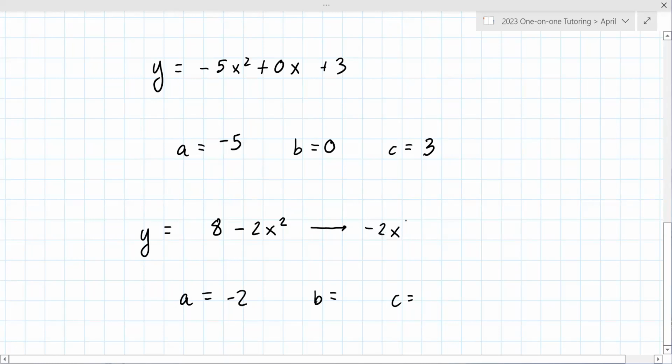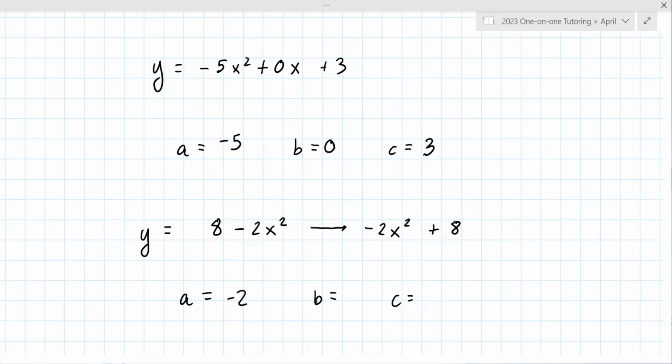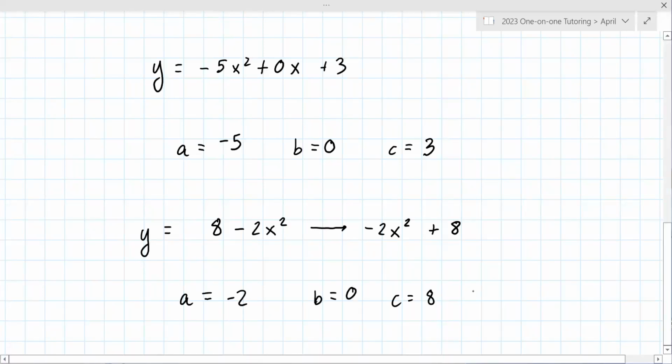You'd want to rewrite it as minus 2x squared plus 8. I would first get everything in order before I answer A, B, and C, because that's good. I like that. So B would be 0 again, and then C would be 8. Good. Okay. We got it.